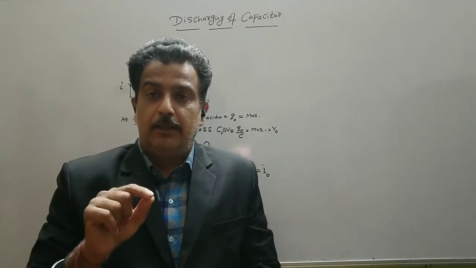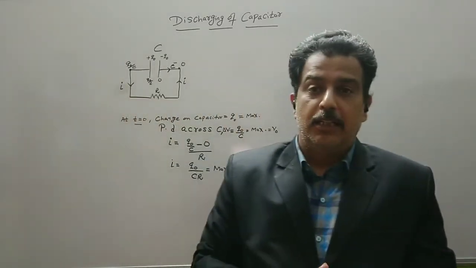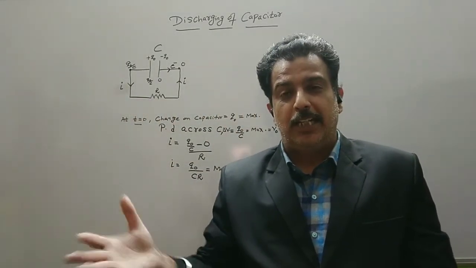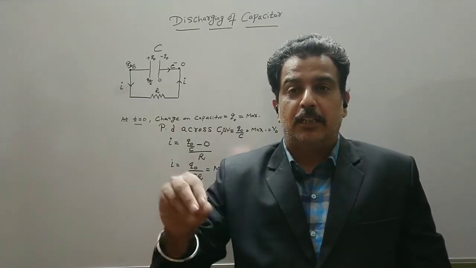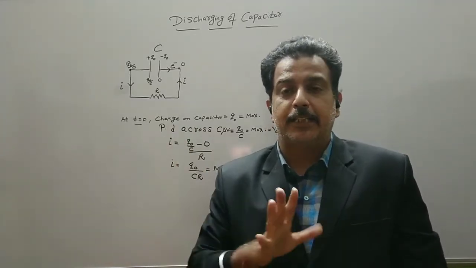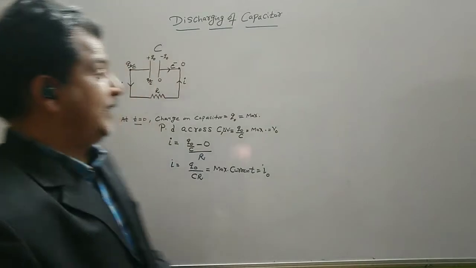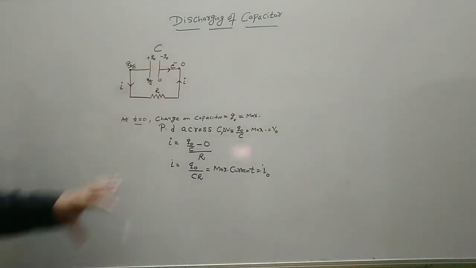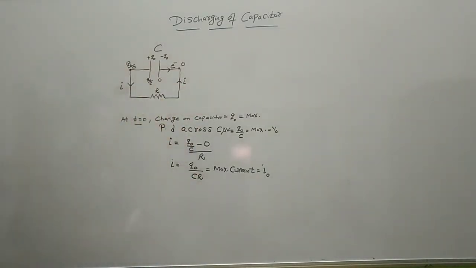So whether the capacitor is charging or discharging, in both cases, the current in the circuit decreases. So at time t, this is the initial condition.